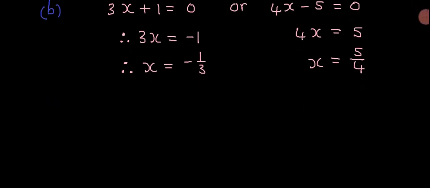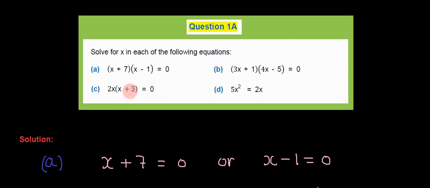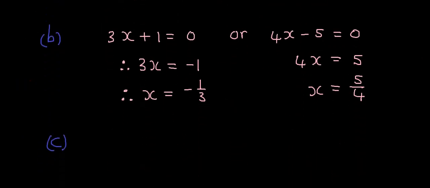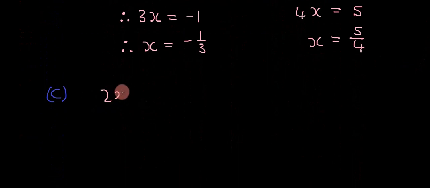Let's go to C. We have 2x(x + 3) = 0. So once again, using the zero product rule, 2x is equal to 0. So 2x equals 0.